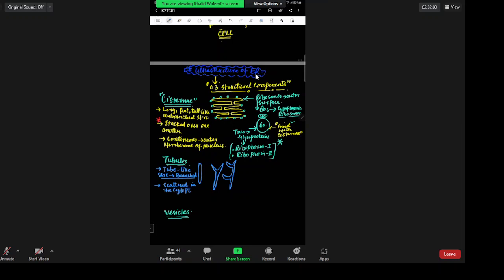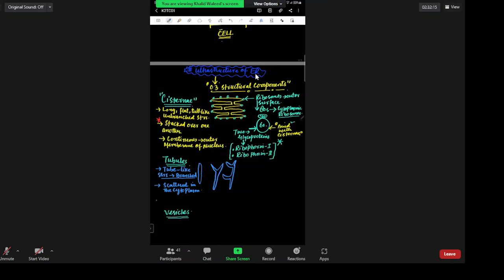And what about cisternae? Sir, they are continuous with the outer membrane of what? Nucleus. But these tubules are altogether scattered, फैले हुए होते हैं cytoplasm.